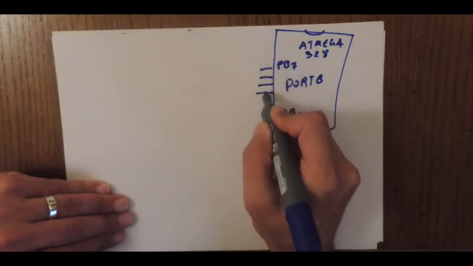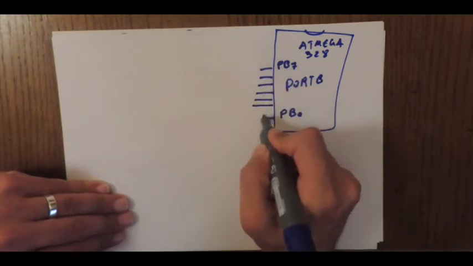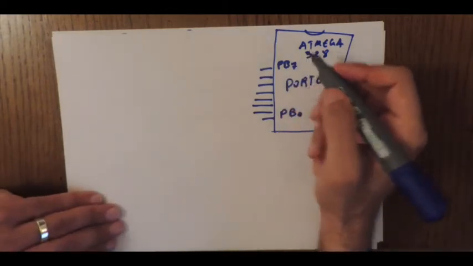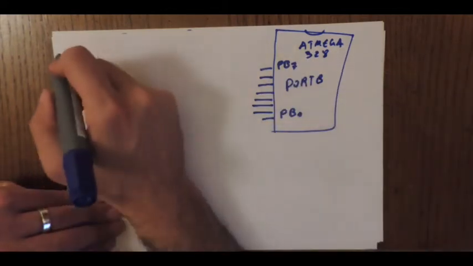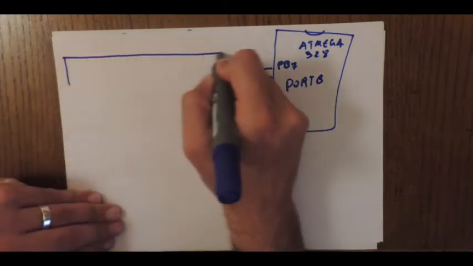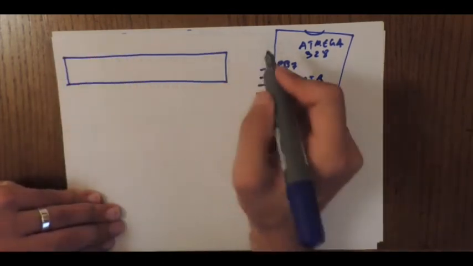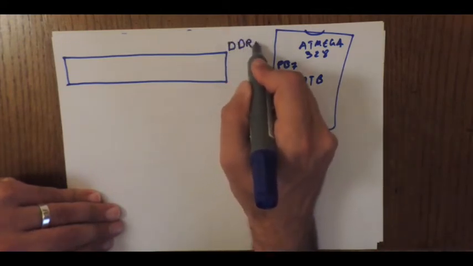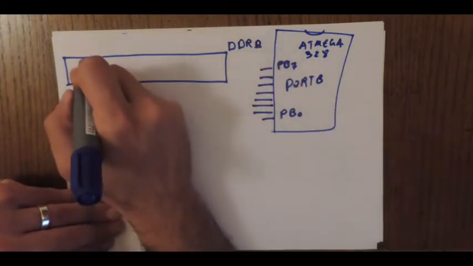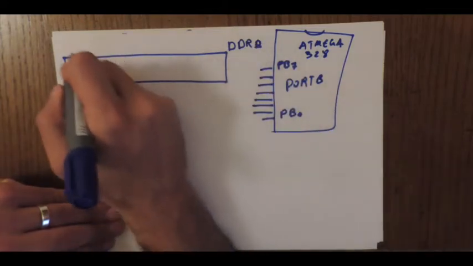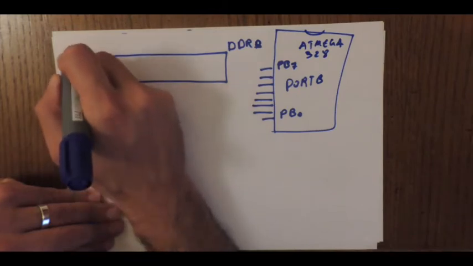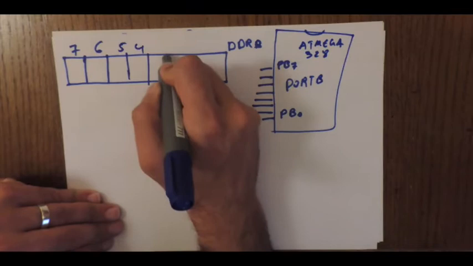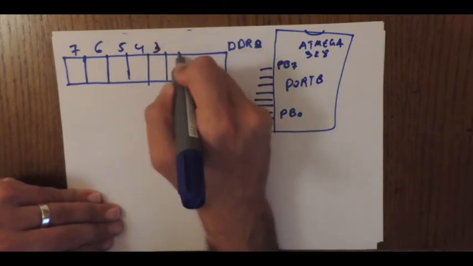So 1, 2, 3, 4, 5, 6, 7, and this is the 8. So from PB0 to PB7. Okay, these are the actual pins. So now we have DDRB. It has 8 bits since it's in the I/O.